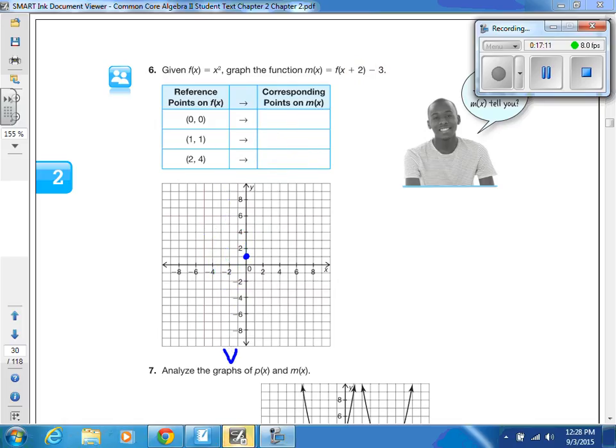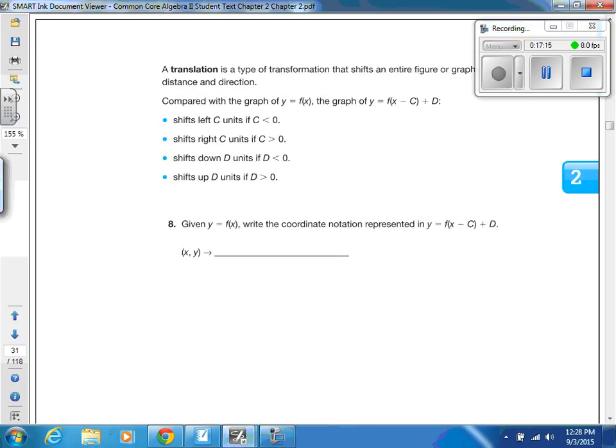Alright, let's look at the next page. You just have a little bit on this page. So a translation is a type of transformation that shifts an entire figure or graph the same distance or direction. C goes left if it's less than 0, which means it's negative. It goes right if it's greater than 0.